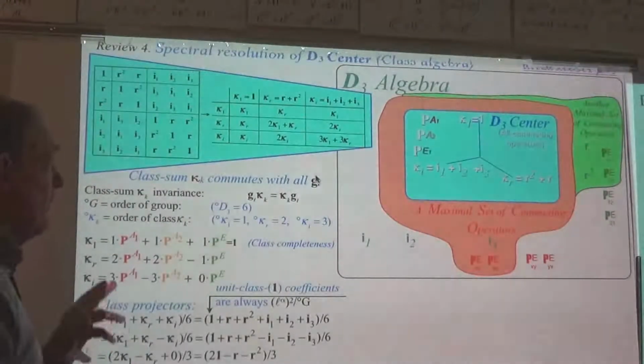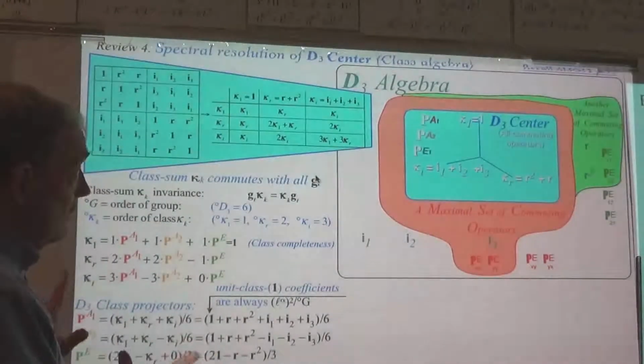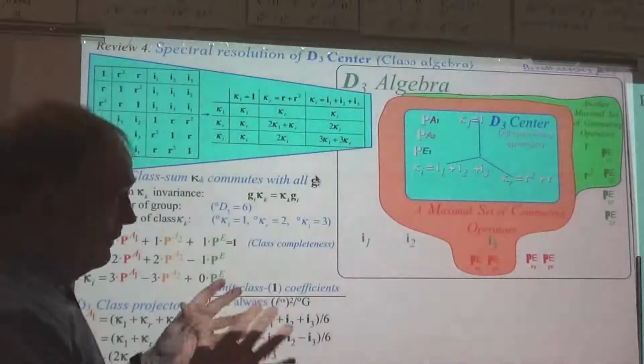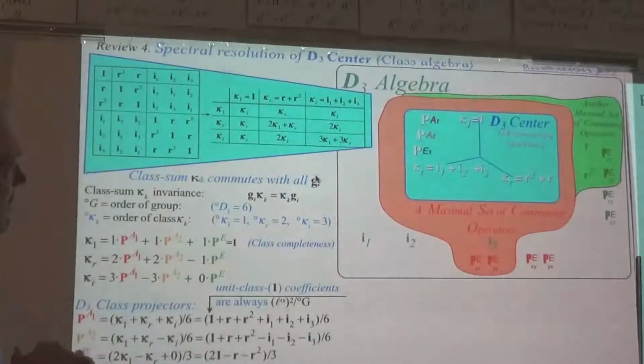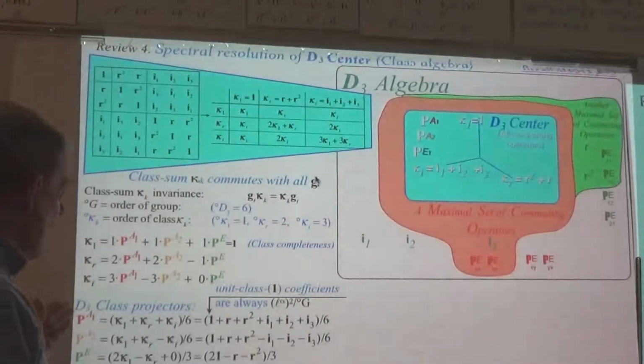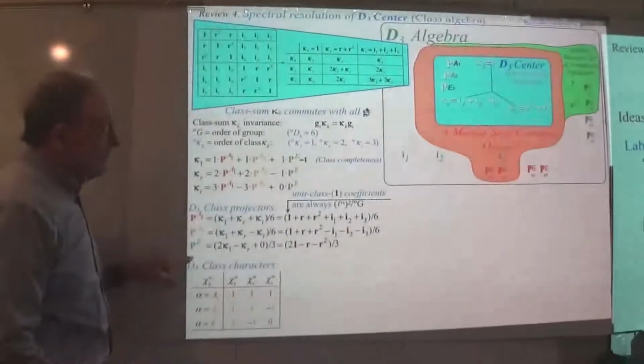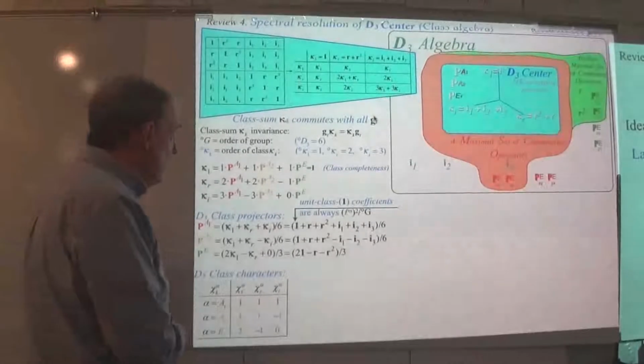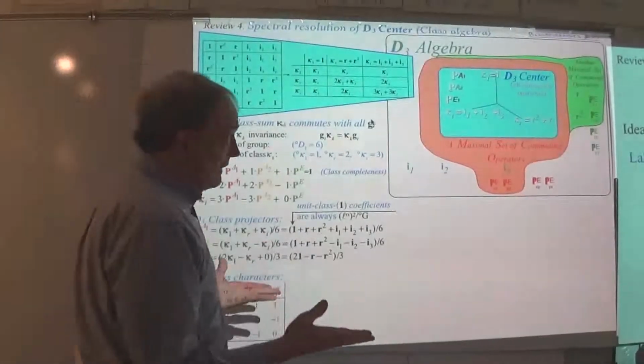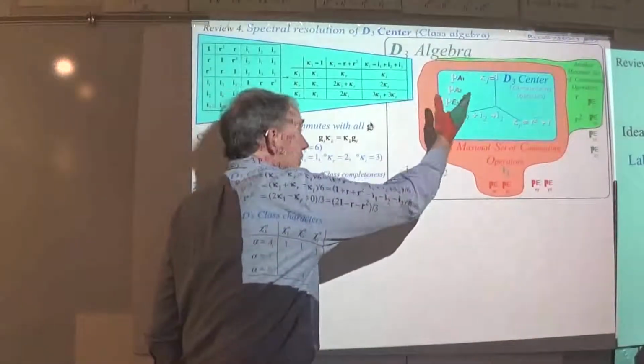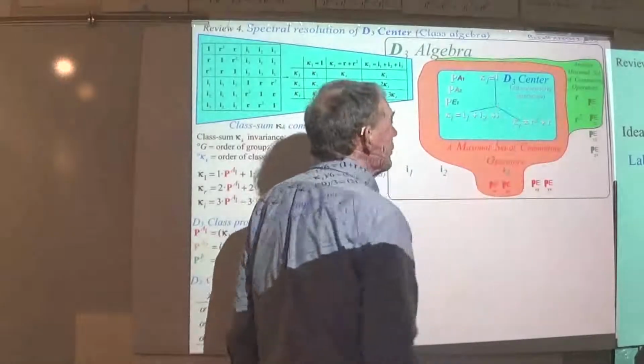So the first stage of this development, for physics, of this symmetry is to find the projectors. The class projectors would be a possible name for that. The central projectors, these three guys live in this turquoise region.